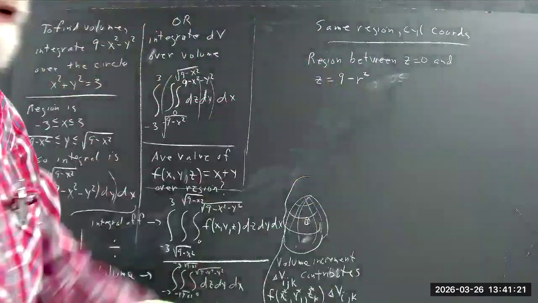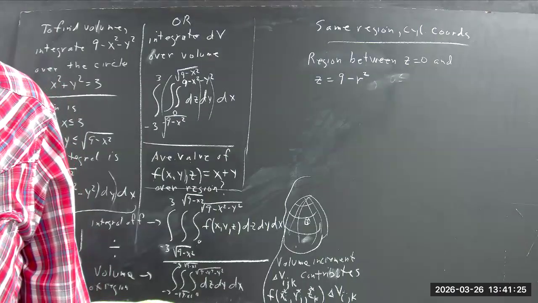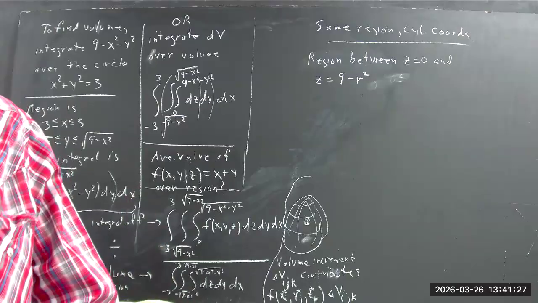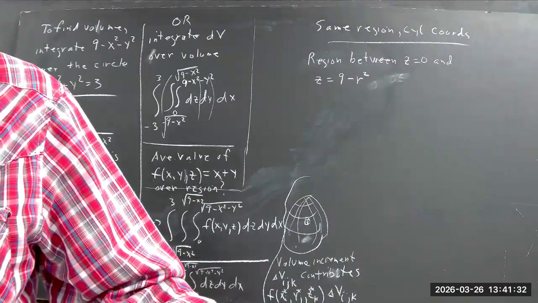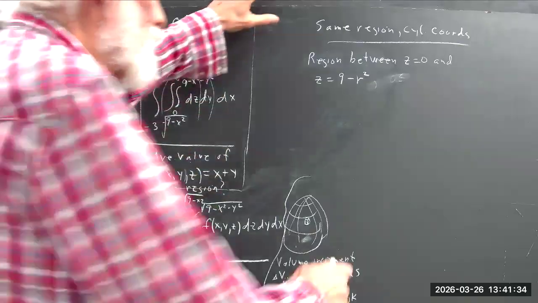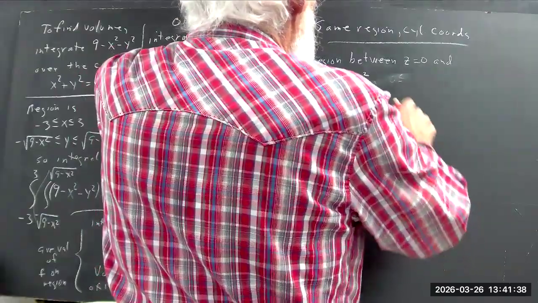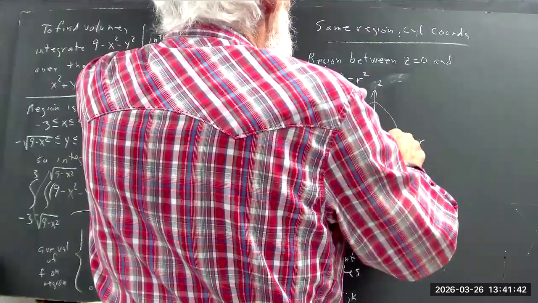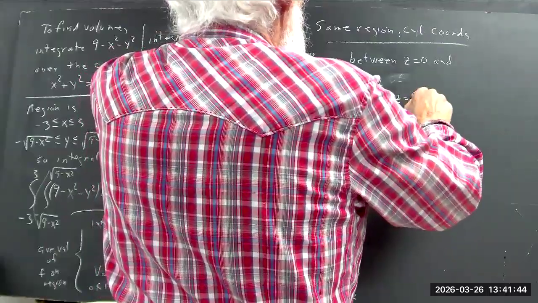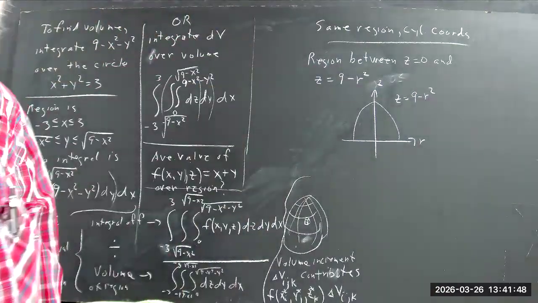region between z equals 0 and z equals 9 minus r squared. The r coordinate is just your distance from the z-axis. In the RZ plane, you got z equals 9 minus r squared.